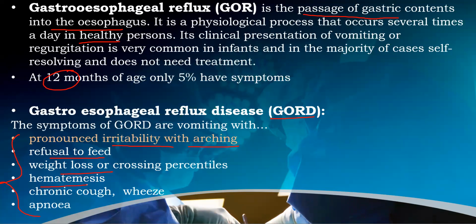If the child has vomiting with blood, chronic cough, wheezing associated with reflux, and a history of apnea, which means they stop breathing for a few seconds. Any of these present, then we call it gastroesophageal reflux disease.